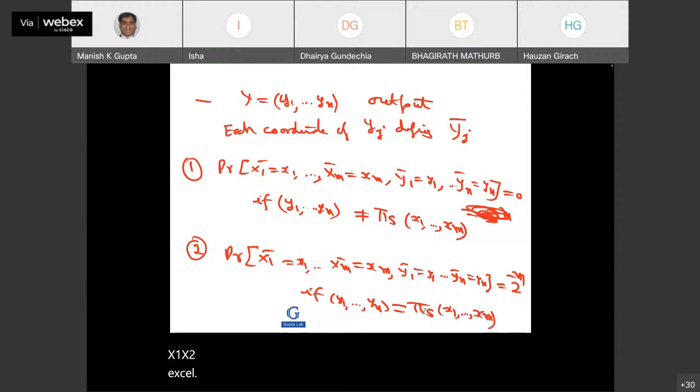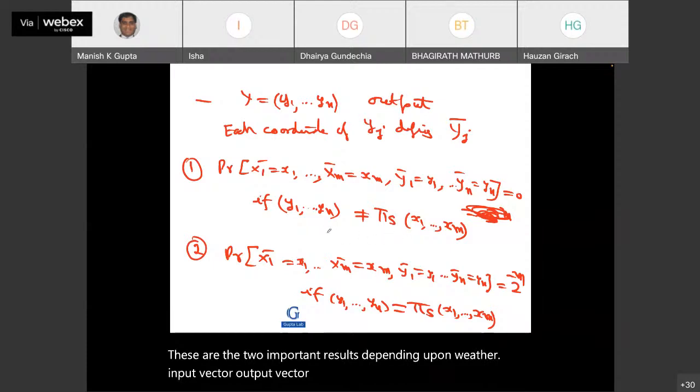So these are the two important results, depending upon whether the output vector is a function of the input vector or not.